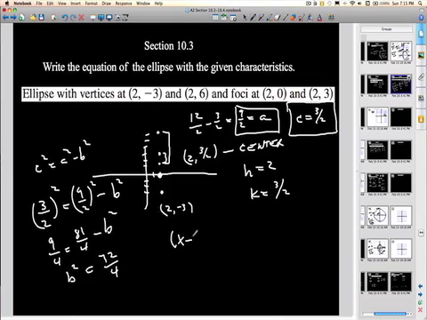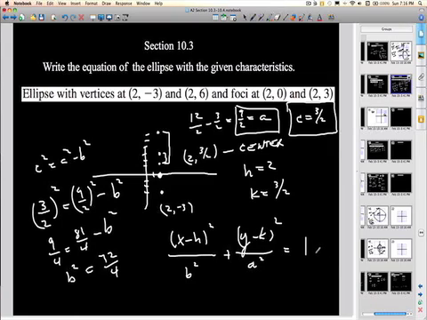The good news is when I put this value into my equation, I need b squared. So I'm going to have x minus h squared, this is vertically oriented, so that's going to be over b squared, plus y minus k squared over a squared is equal to 1.